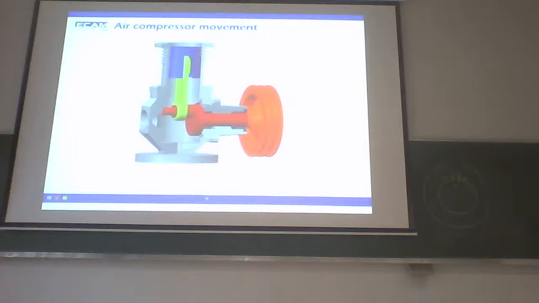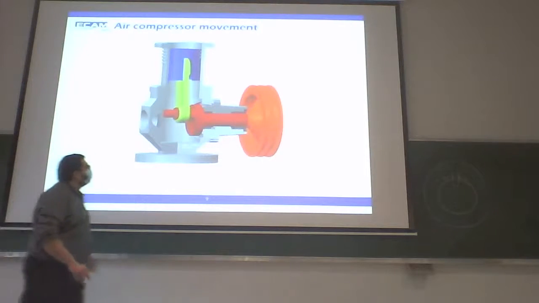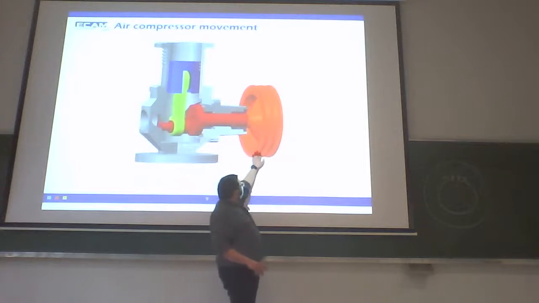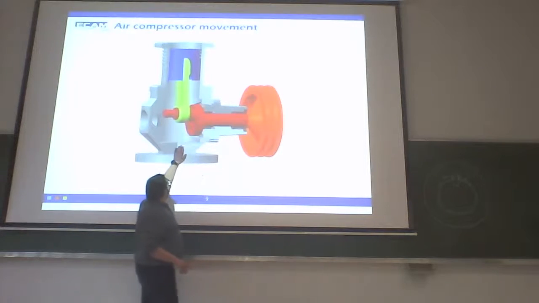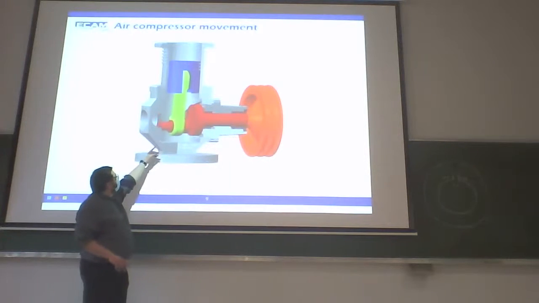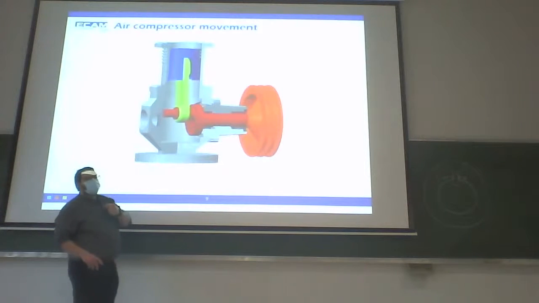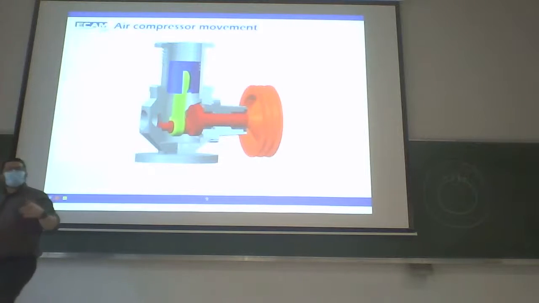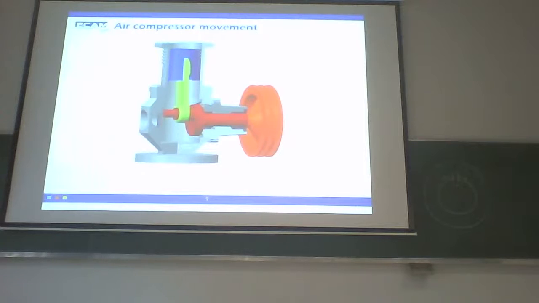You see the air compressor like this, in color. The rotation of the tray is transmitted to the crankshaft, which will transmit the movement to the connecting rod and create the vertical displacement of the piston.